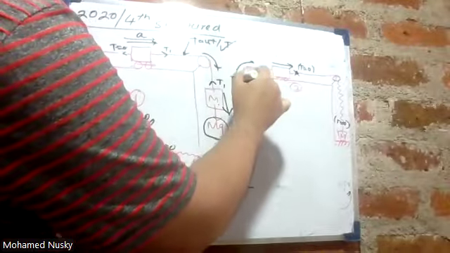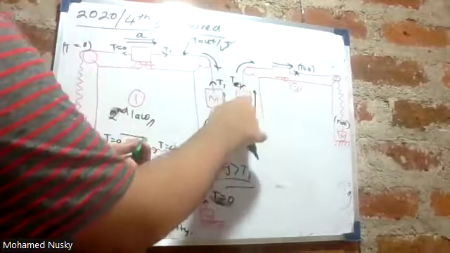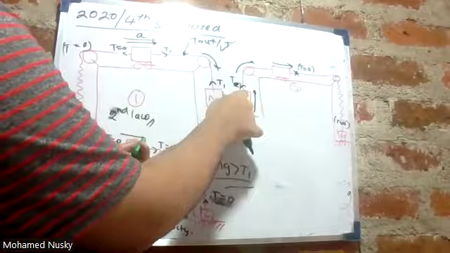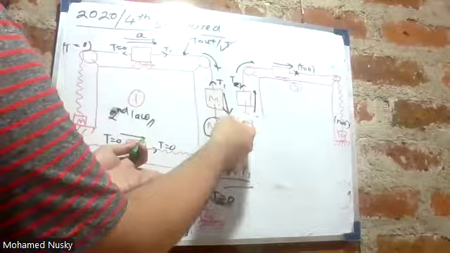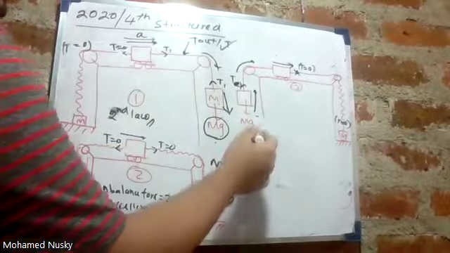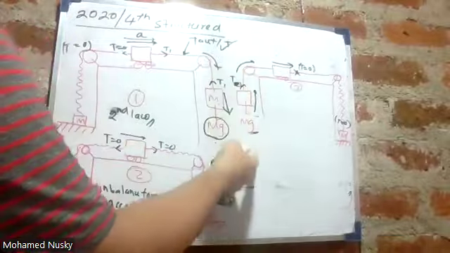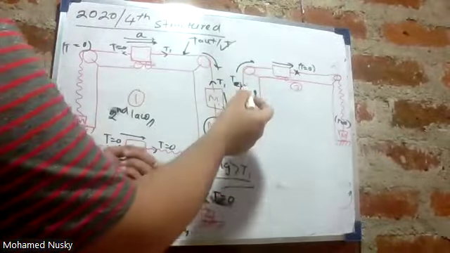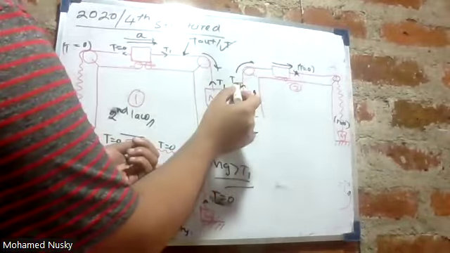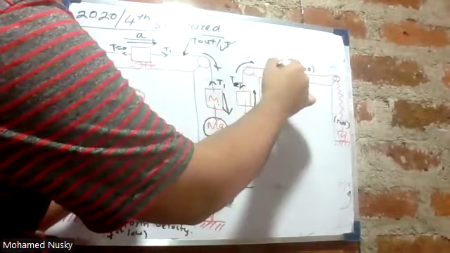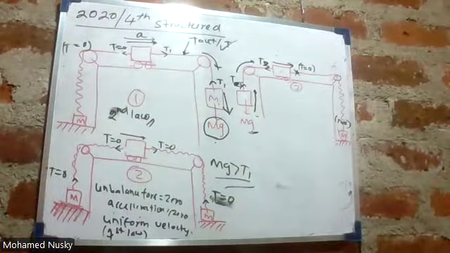Here there will be a tension T2. This mass is not in contact with the surface. Therefore, it will have a force in the downward direction, that is mg, its own weight. And there will be a tension T2 in the upward direction. The trolley will have a tension T2.